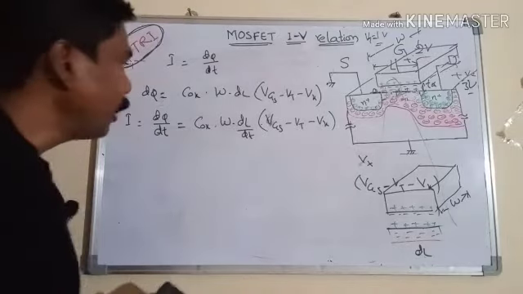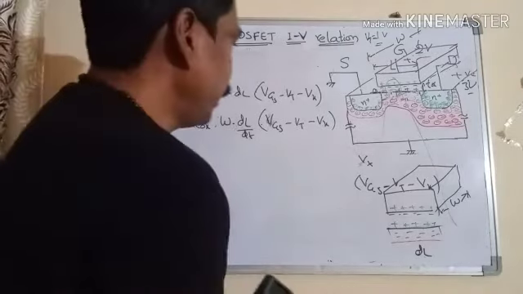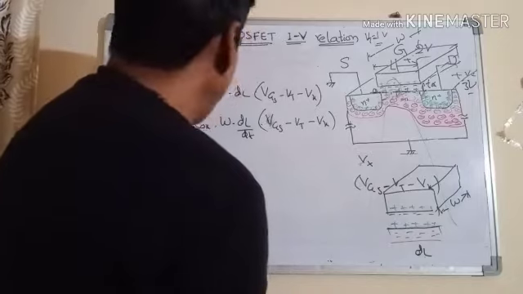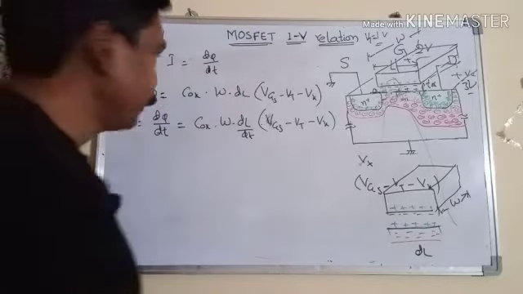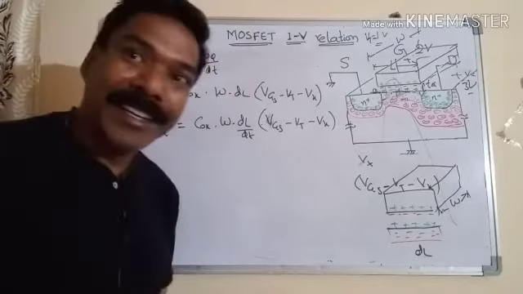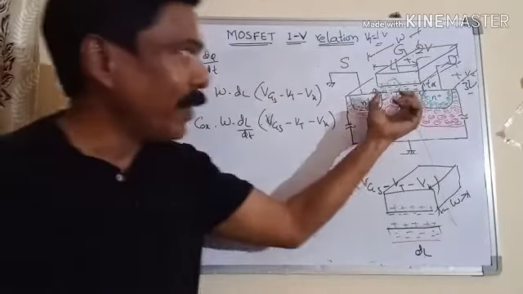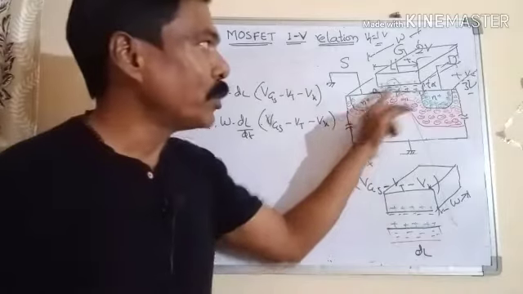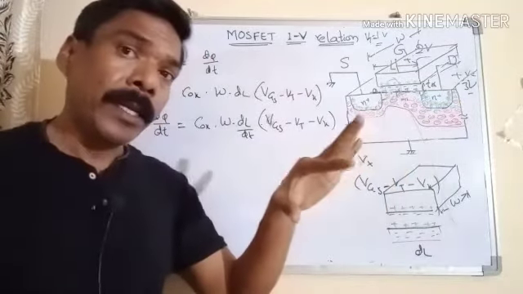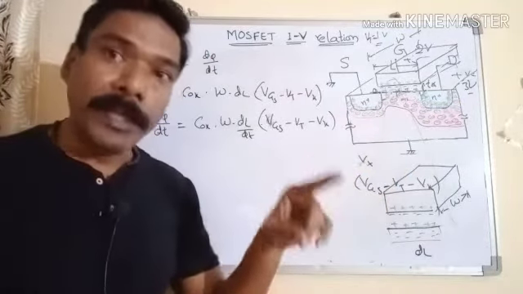Now we have to convert this dl and dt, and integrate to get the total current. Let me introduce another parameter here. Since you are applying a horizontal field, the electrons drift from source to drain. The current is due to drift and diffusion.